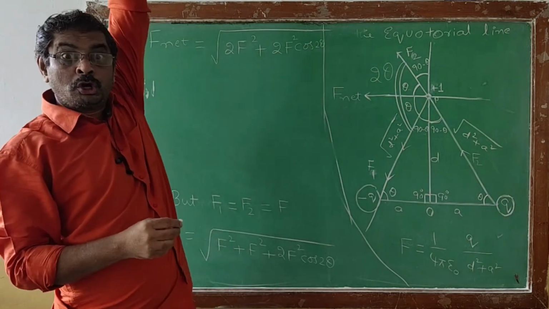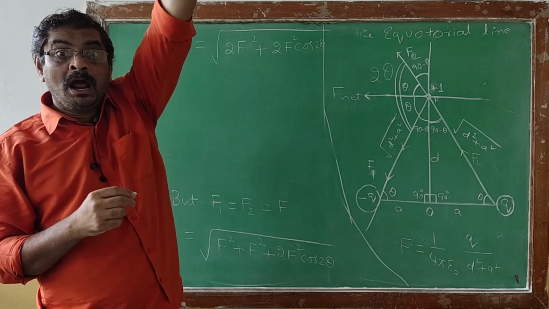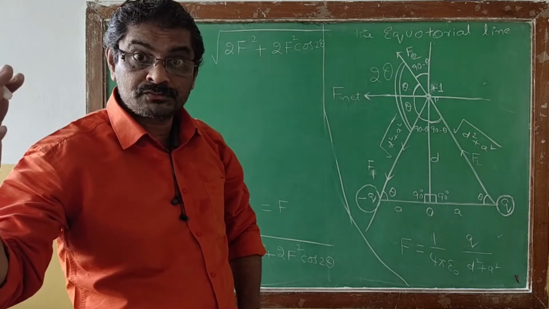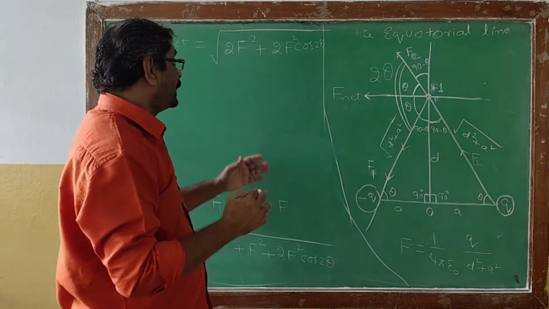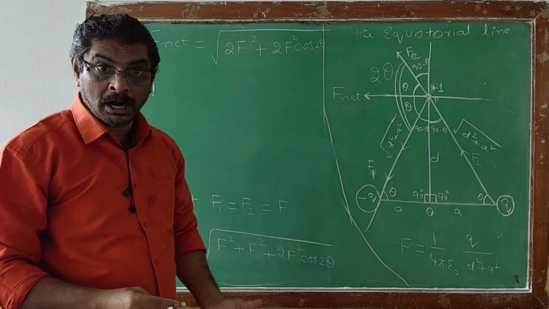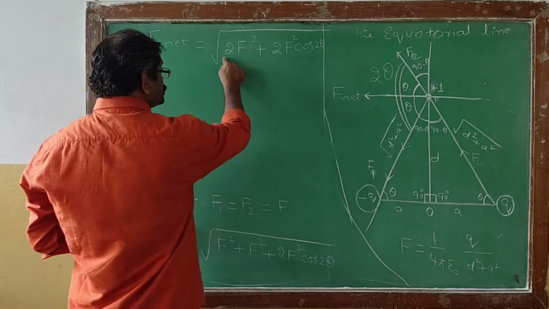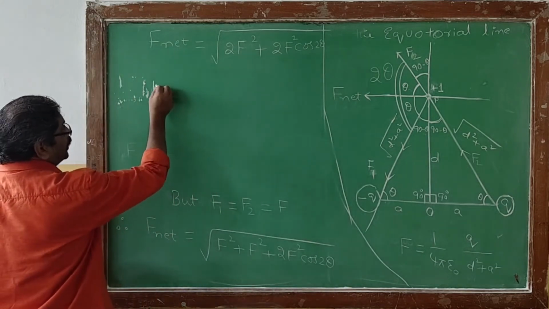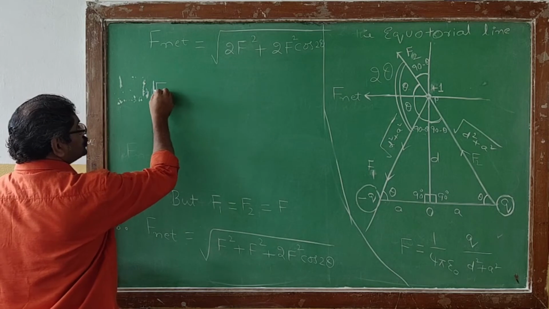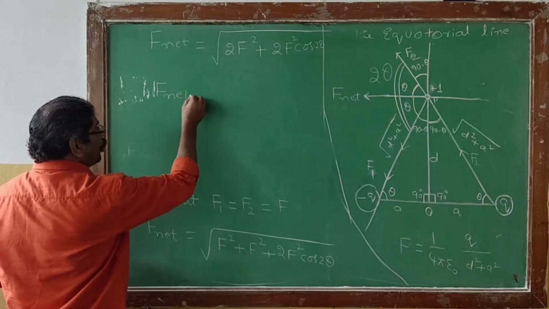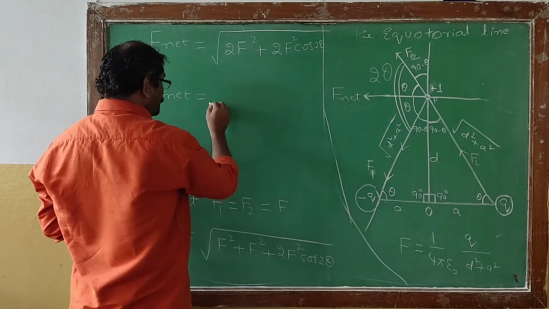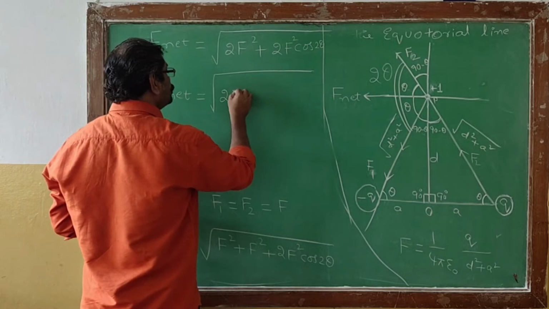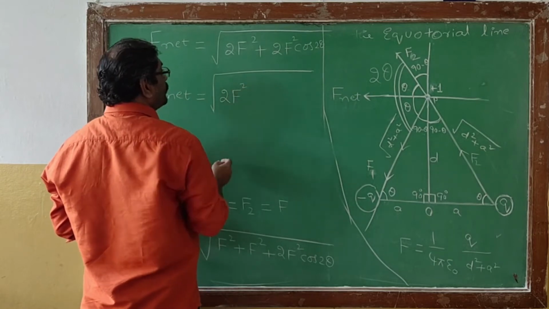So remember, now the entire equation can be written now under root of 2F square plus 2F square cos 2 theta. So 2F square can be taken common.